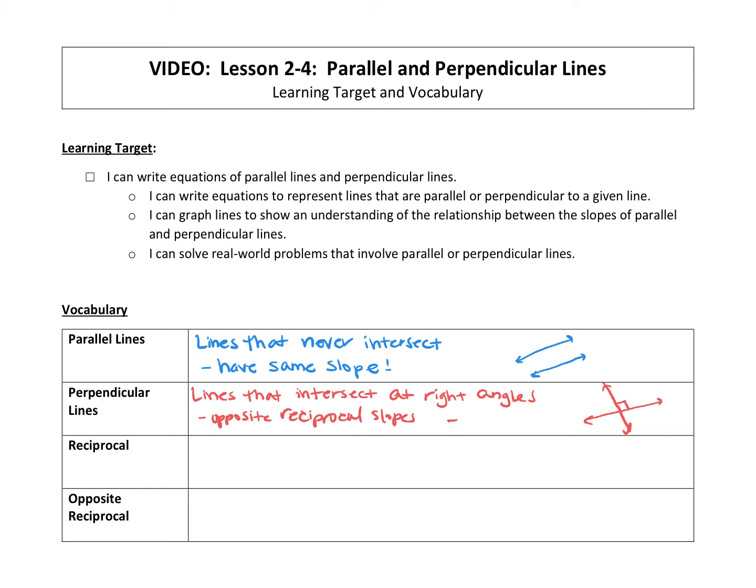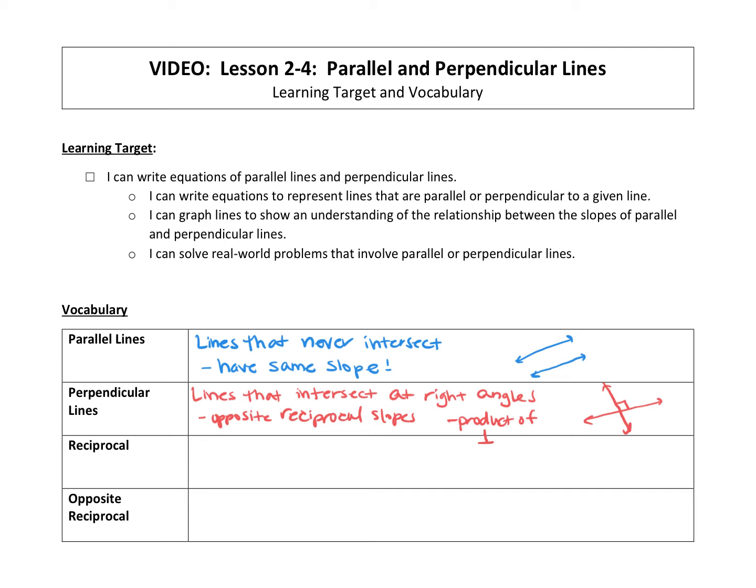And also the product of perpendicular slopes. I'm going to use a geometry notation here. Do you see what the perpendicular lines look like? And now that I look at these, they don't look super perpendicular. But if you know there's a right angle, the symbol for perpendicular is an upside down T. So you're going to see me use that throughout the lesson so that I don't have to write out the whole word perpendicular.